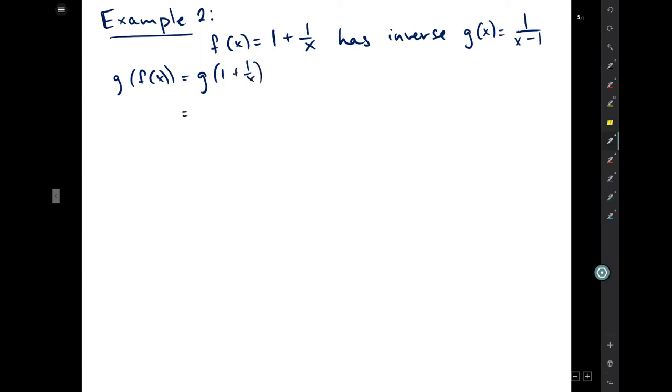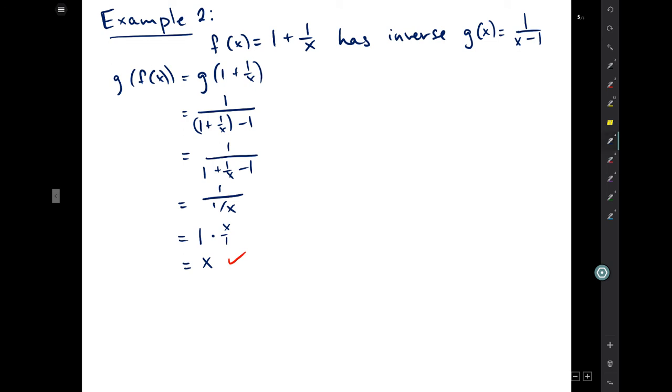My rule g is 1 over my input minus 1. So when I simplify that, I have 1 over 1 plus 1 over x minus 1. So I have 1 over 1 over x. And when I have 1 over a fraction, I can multiply by its reciprocal. And so I do indeed get x.